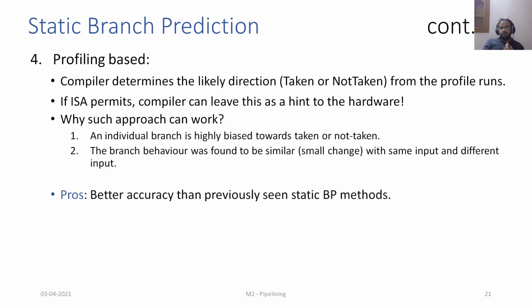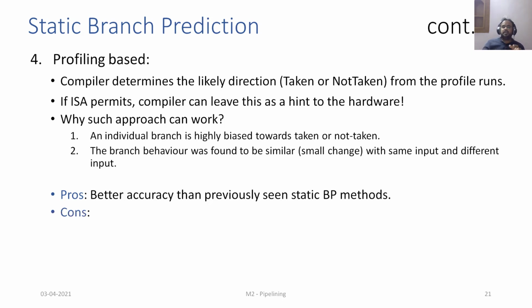The positive of profile based static branch prediction is that its accuracy was found to be better than the simple always taken, always not taken, or the BTFNT branch predictors, right?